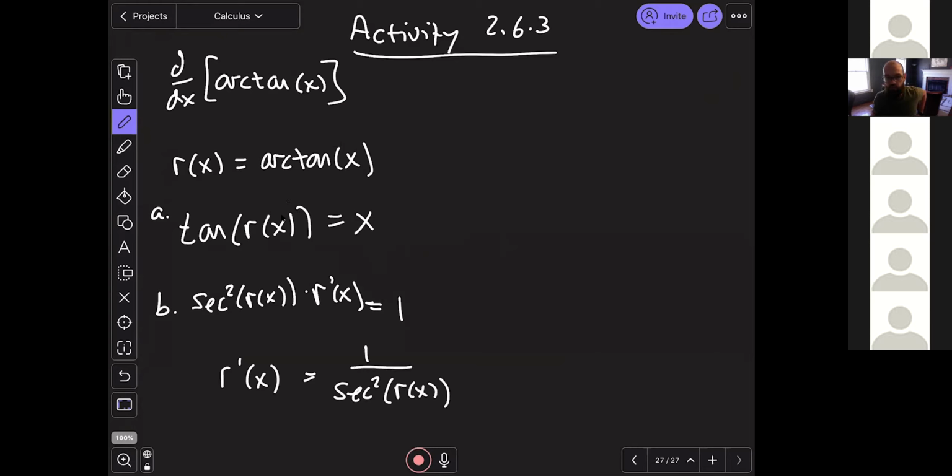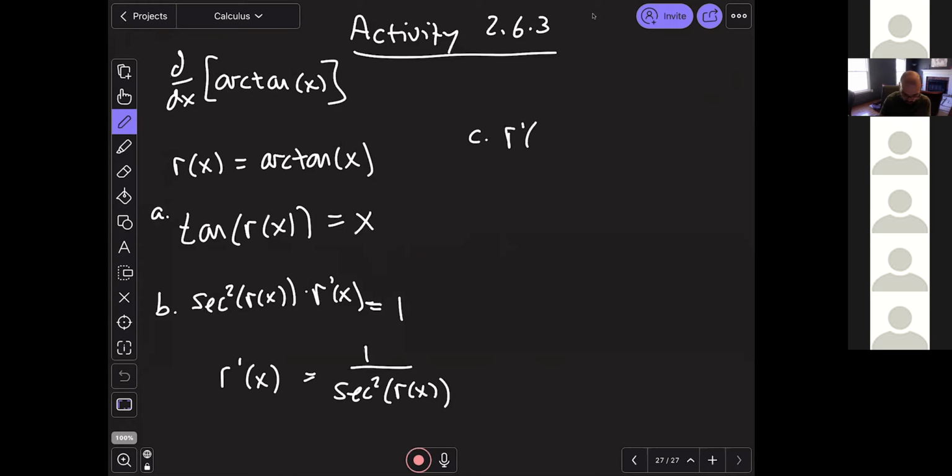Okay, everybody following along so far? So again, we're doing activity 2.6.3 here from the book, and we've gone through parts A and B. Now part C says, recall that r of x is arctangent, so we're going to replace this in here, right?